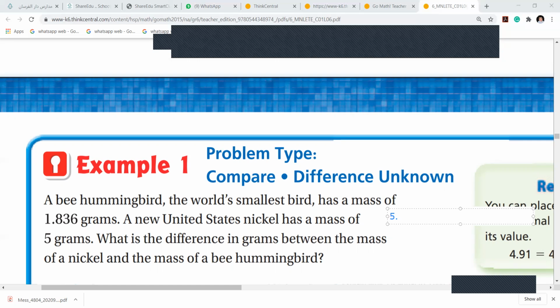I'll put a point because there's nothing, and then zeros, because there are 3 numbers after the point. Next, come down and write 1.836. It has to be parallel. Did you understand this? And you need to minus this.